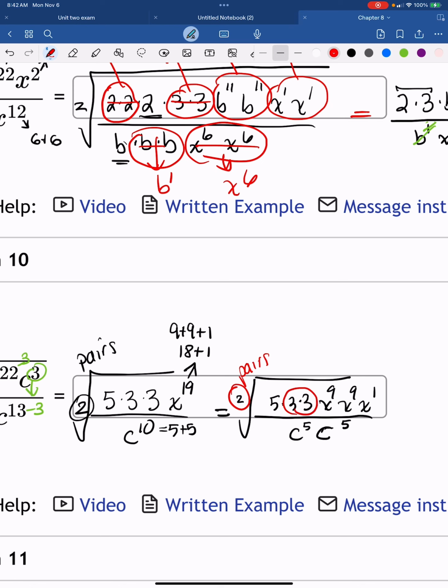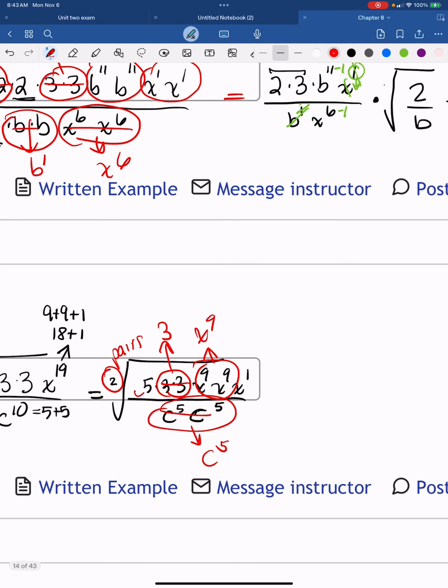So I have 2 3s, 2 x to the 9ths, and down below I have 2 c to the 5ths. And I'm left with the 5 and the x. So this becomes 3x to the 9th over c to the 5th times square root of 5x.